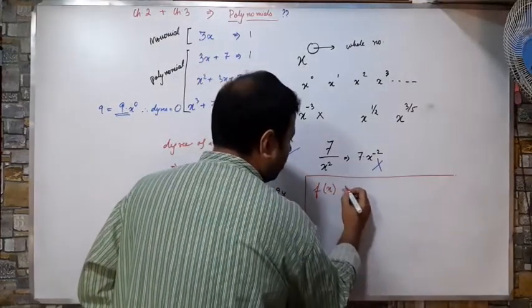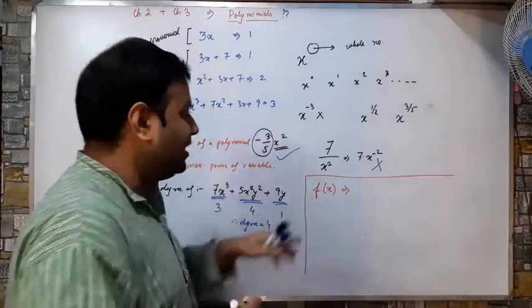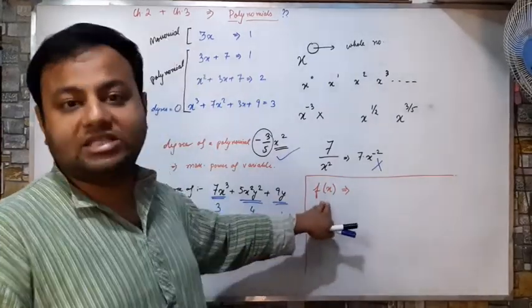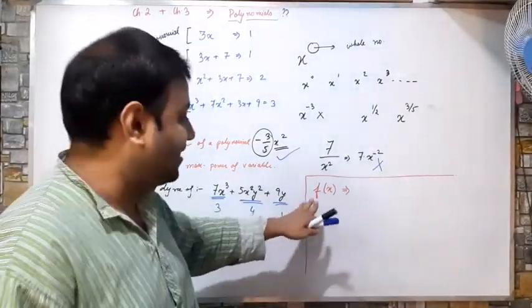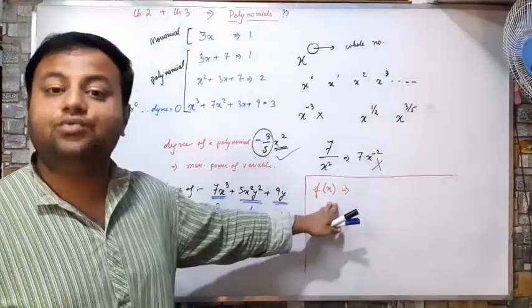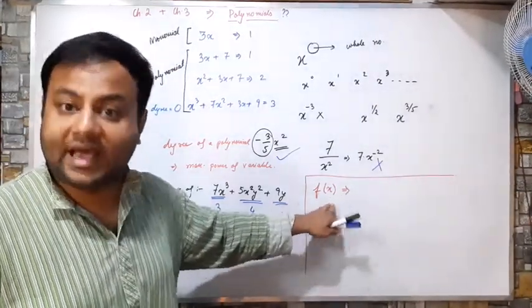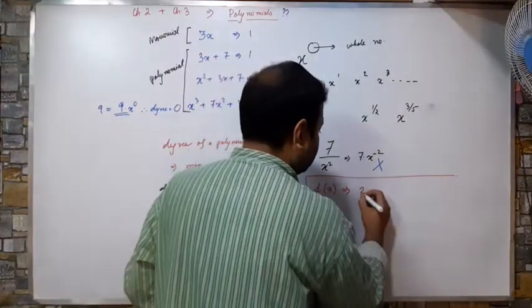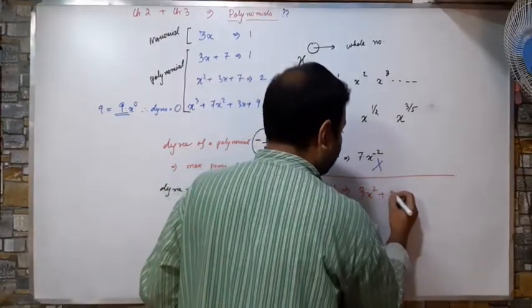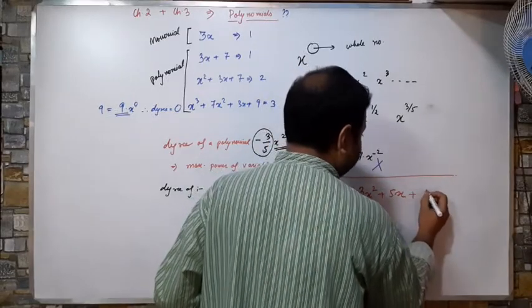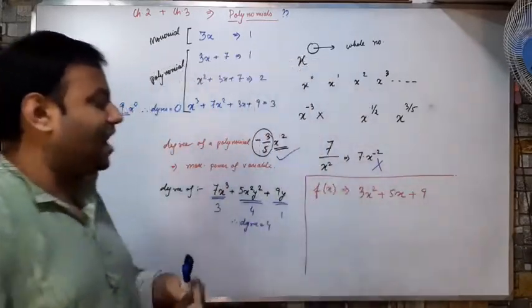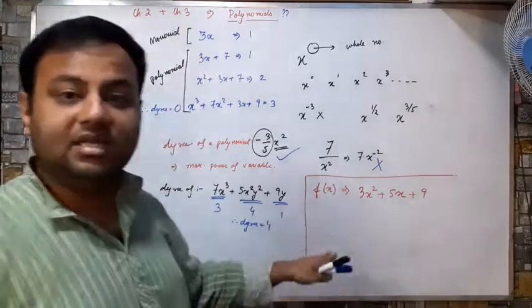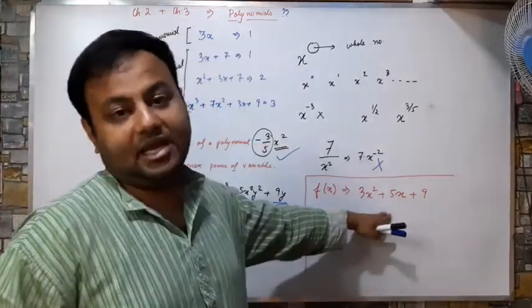This means that the variable I am considering is x. If I write f(x), it means the variable I am considering is x, nothing else. So what is this f(x)? Suppose 3x square plus 5x plus 9. So if I write x here, that means the variable that I am taking is x.